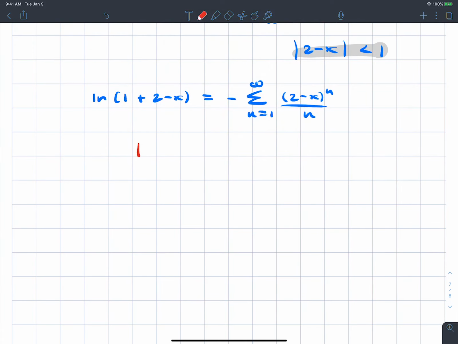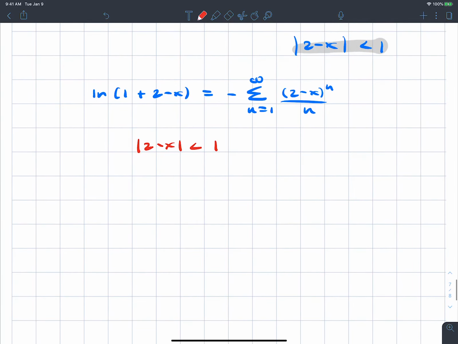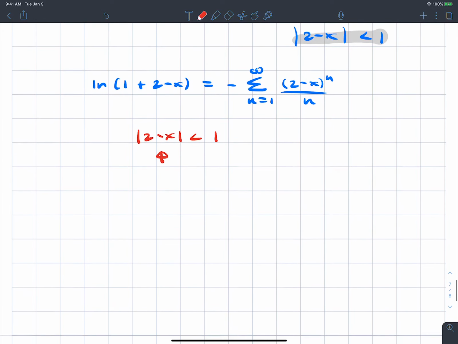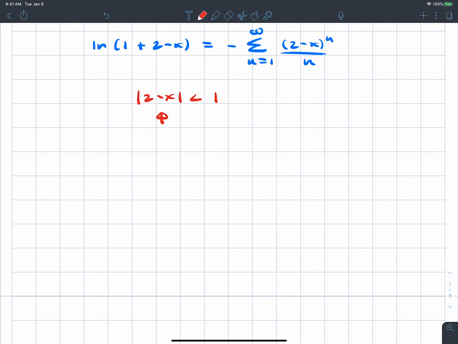So we know the absolute value of 2 minus x has to be smaller than 1. Now what I'm going to show you guys here is that the absolute value of 2 minus x is equivalent to the absolute value of x minus 2. So the absolute value of x minus 2 is smaller than 1, which means negative 1 is less than x minus 2, which is less than positive 1.